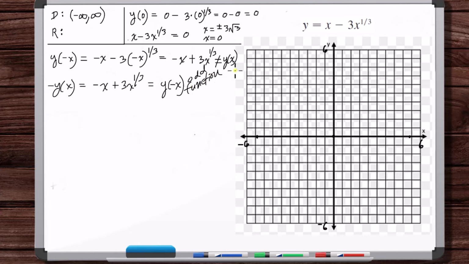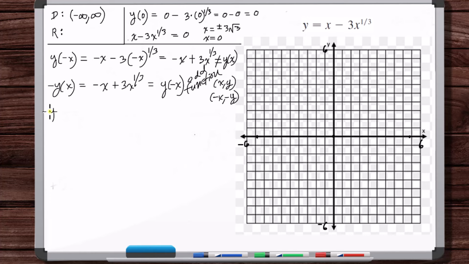And what that means is that if we pick any point x, y on this graph, then the point minus x, minus y will also be on the graph. This is symmetry about the origin. That's what an odd function means.